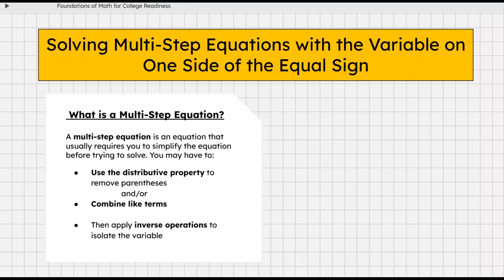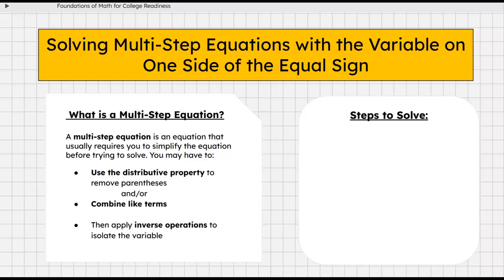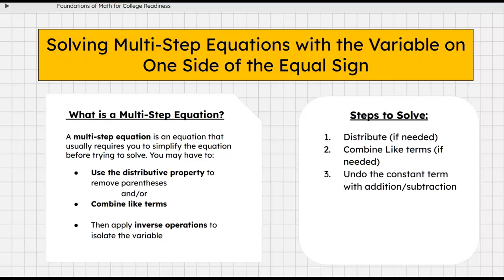Then apply inverse operations to isolate the variable. We usually follow these steps. Distribute if needed, combine like terms if needed, undo the constant term with addition or subtraction, undo the variable term with multiplication or division, and then solve and check.